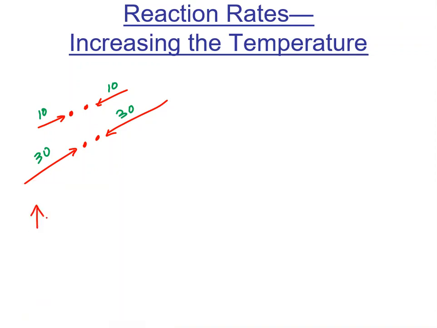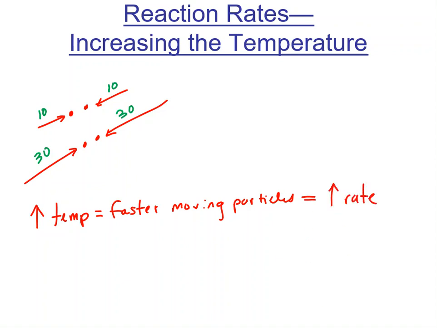So increased temperature means you have faster moving particles. That means you're going to have an increased rate or a faster rate. The reason here is actually a double reason.